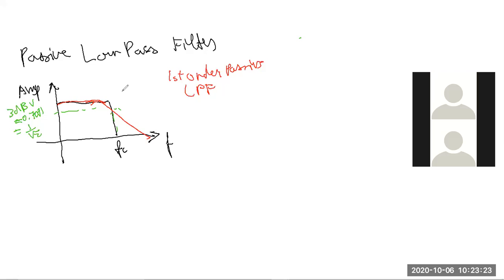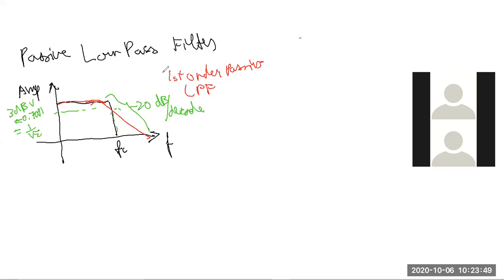Then it will decrease by a magnitude of minus 20 dB per decade. Minus 20 dB per decade means per 10 times of the frequency.